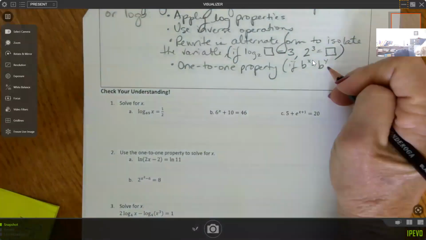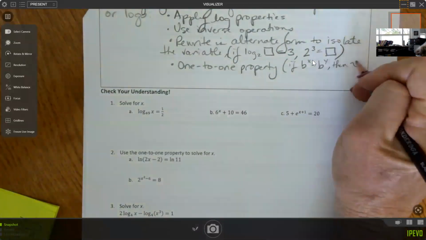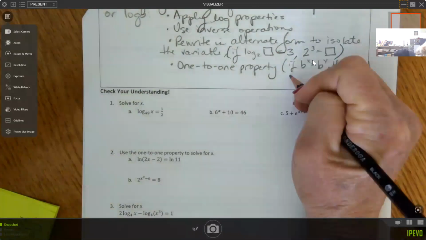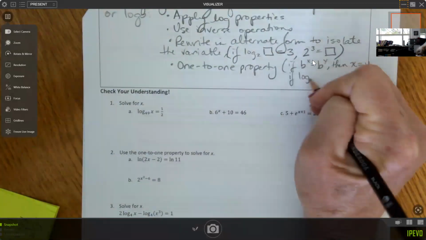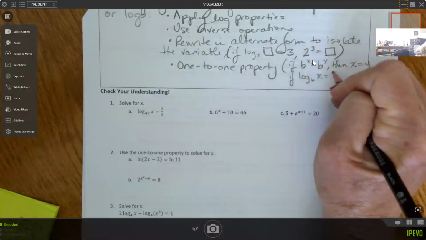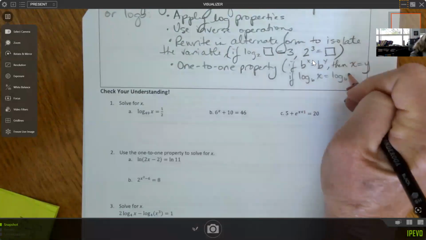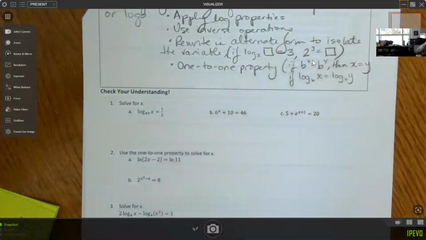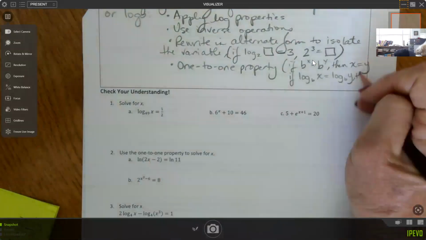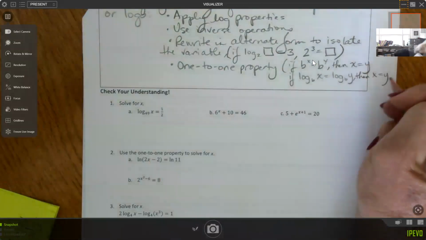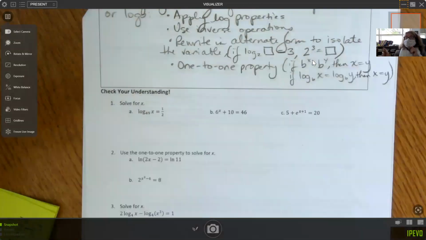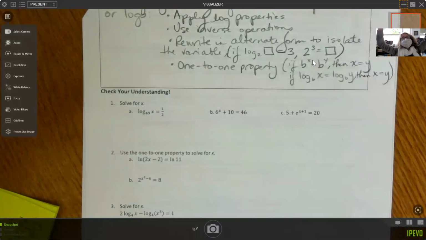I can just say, oh, then x equals y, right? And similarly, if I've got log base b of x equals log base b of y, I don't even have to worry about the log part anymore. I know that x equals y. So a lot of times you're able to make one of these a lot easier if you can get it rewritten in that same base. Like that one where, just by switching the 8 to 2 cubed, it made it much, much easier.